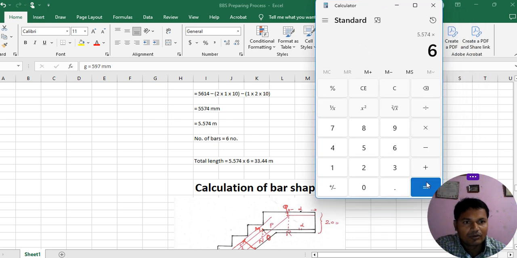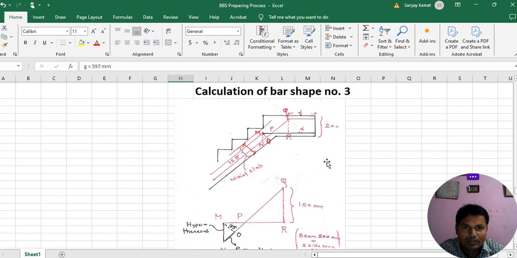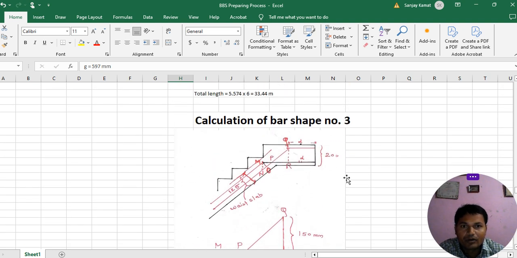How much will it come? 33.44, is it coming or not? So 33.44 meters is coming. So this much is your total length for the above figure.